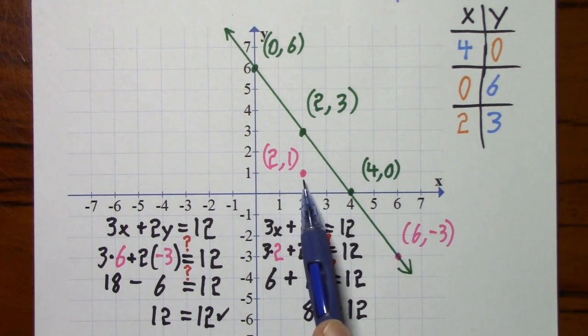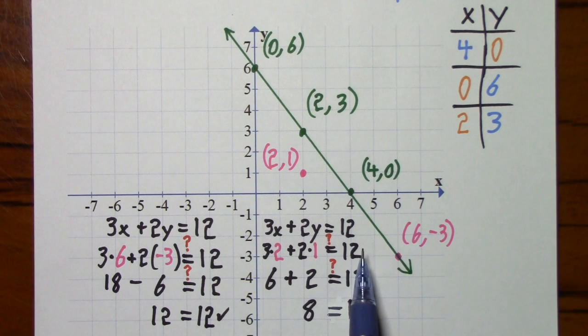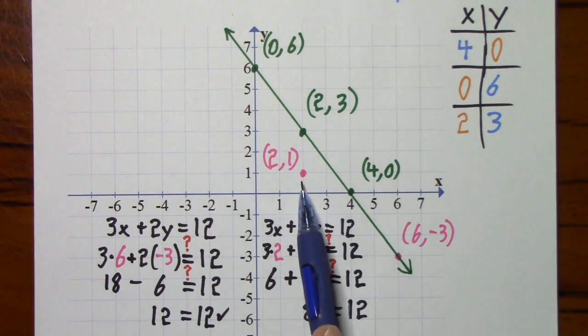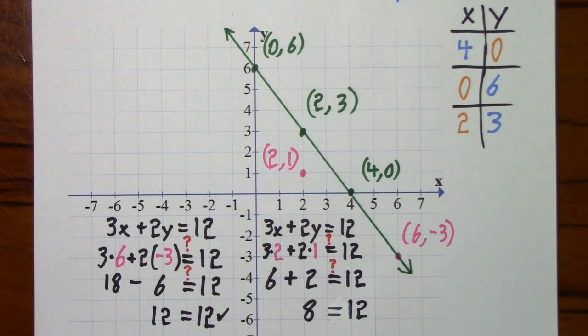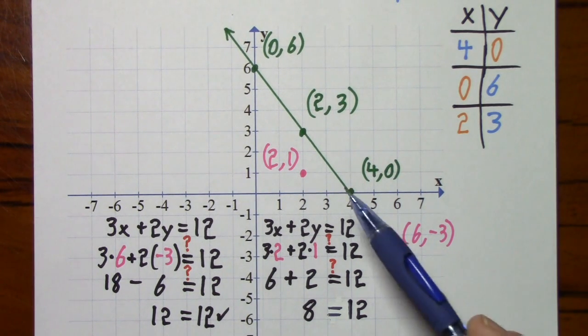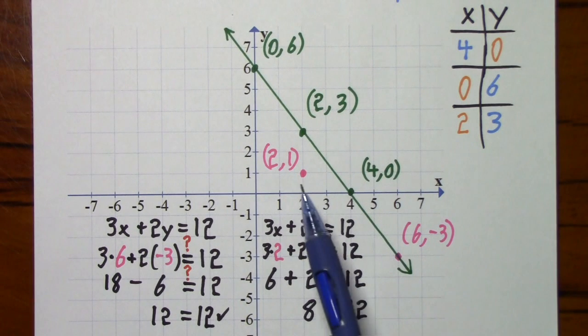If you take a point such as (2, 1) in this case, plug it into our original equation, you end up with a statement that's not true, so you've shown algebraically that (2, 1) is not a solution to the original equation. You can also say that graphically because it's not on the line.